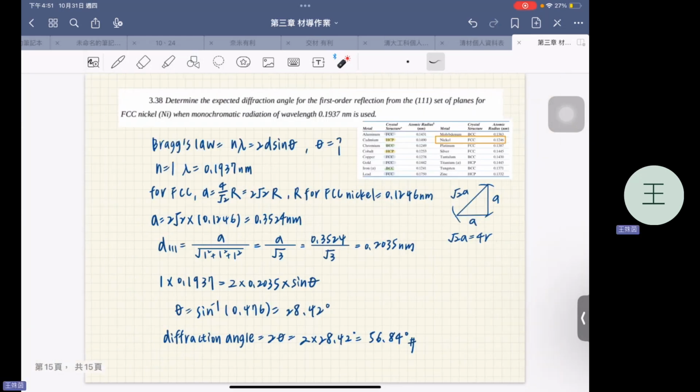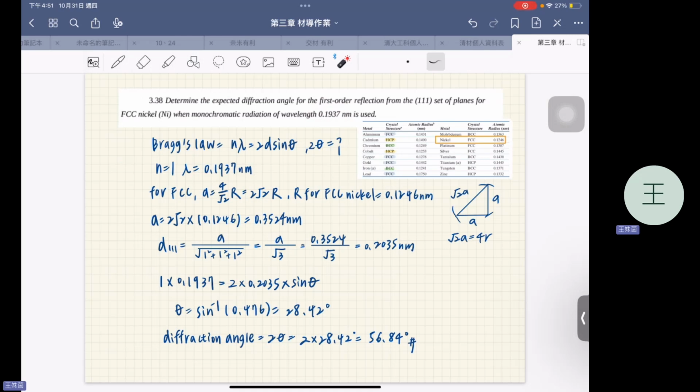Okay, I think this is the last question. For question 3.38, we want to determine the diffraction angle, sorry, this is 2 theta. We know some information: the first order of reflection, so n equals 1, and it's monochromatic radiation, so the wavelength is given here, 0.19737 nanometers.